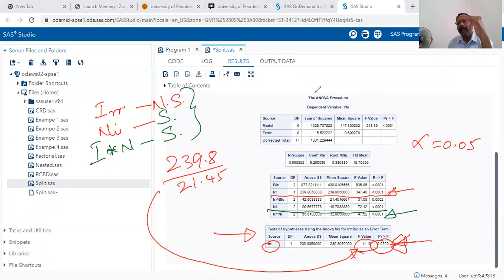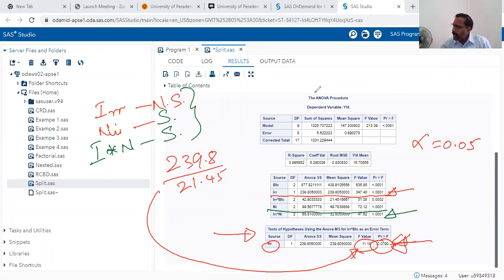Either keep the nitrogen level constant and explain the irrigation, or keep the irrigation levels constant and explain the nitrogen levels. Both ways are possible. Okay. Right. So that's all I would like to give you using SAS.